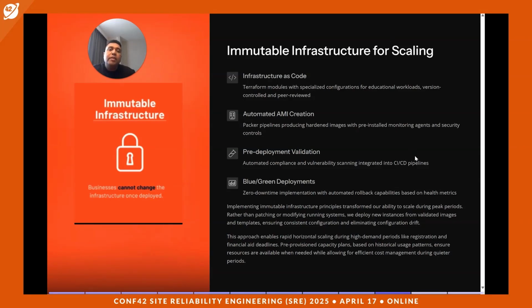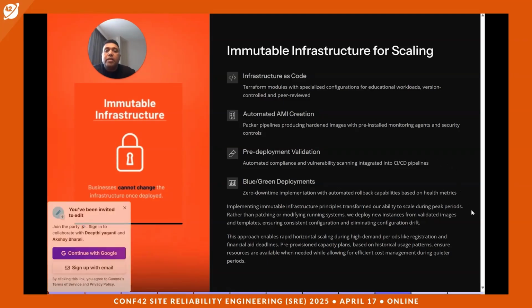Now, implementing immutable infrastructure principles transformed our ability to scale during peak periods. Rather than patching or modifying running systems, we deploy new instances from validated images and templates, ensuring consistent configuration and eliminating configuration drift.